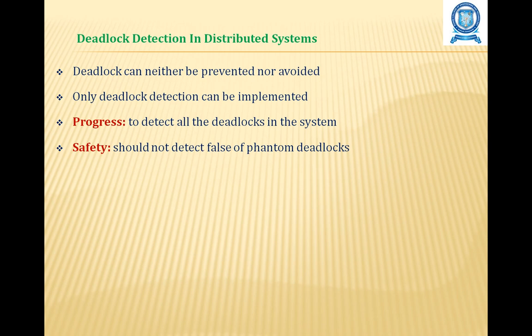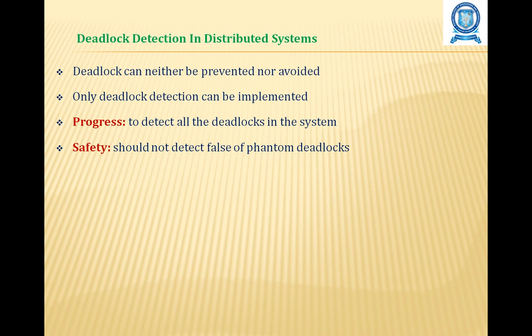A deadlock can be defined as a condition where a set of processes request resources that are held by other processes in the set. The deadlocks can be neither prevented nor avoided, so the only possibility is that deadlock detection can be implemented.